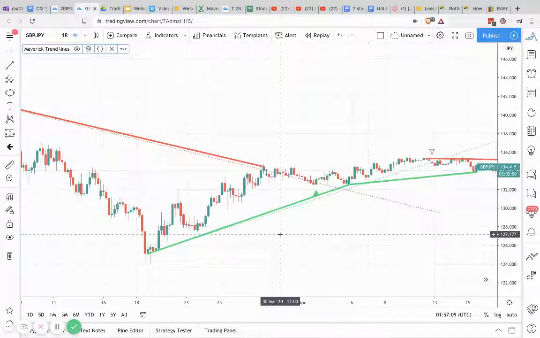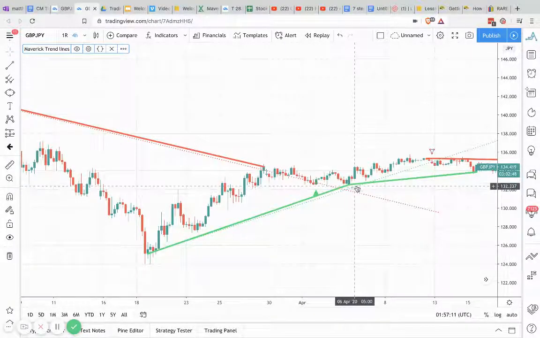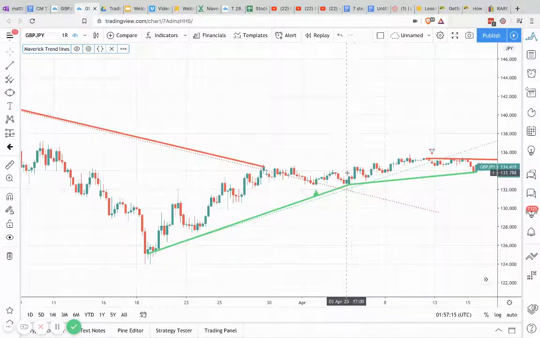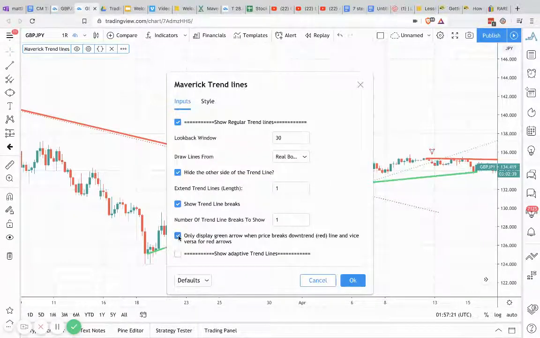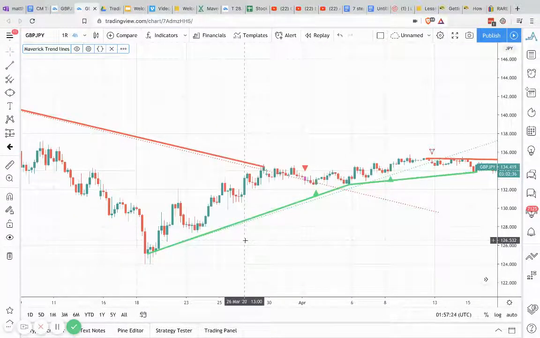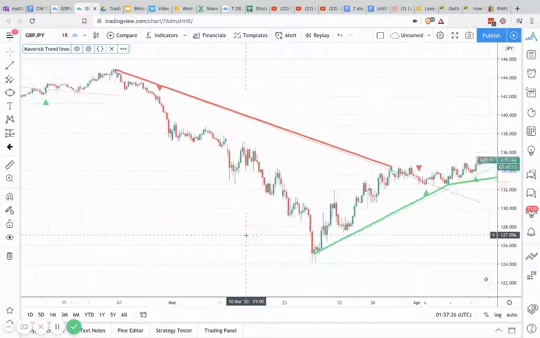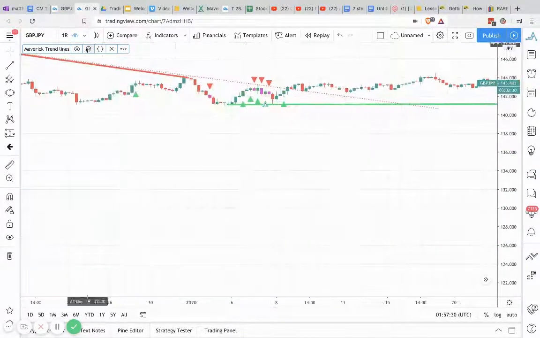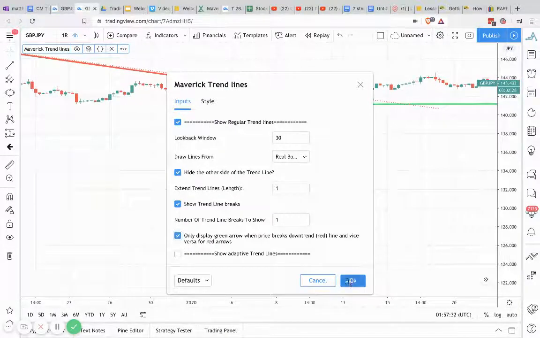We don't really care, generally speaking, when price has broken above an uptrend line, because it was already in an uptrend, so we don't necessarily care to see that. But I'm going to go ahead and uncheck this anyway, and then we can see that we should get more arrows on our chart, especially over here. I think if we look at that.